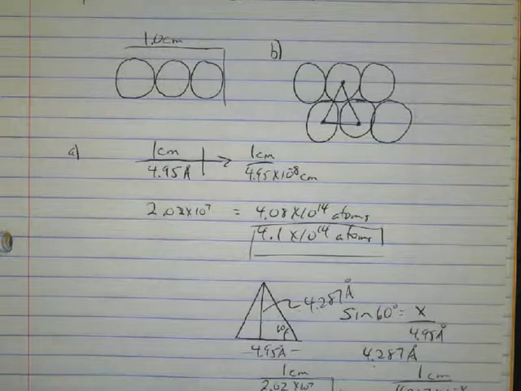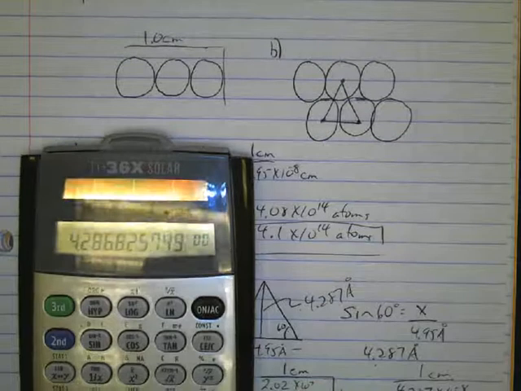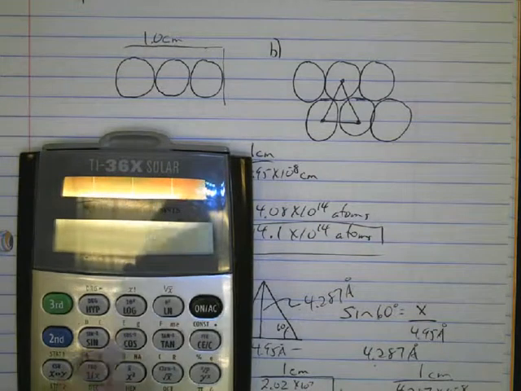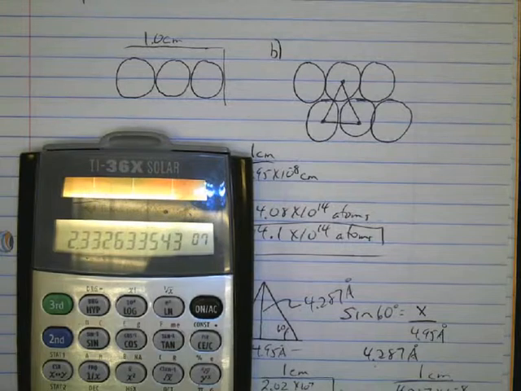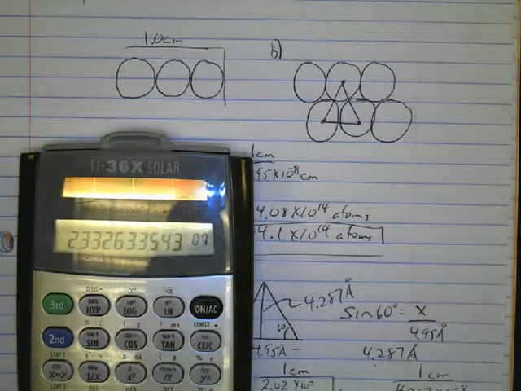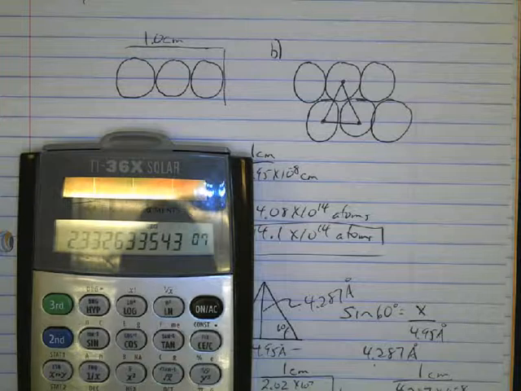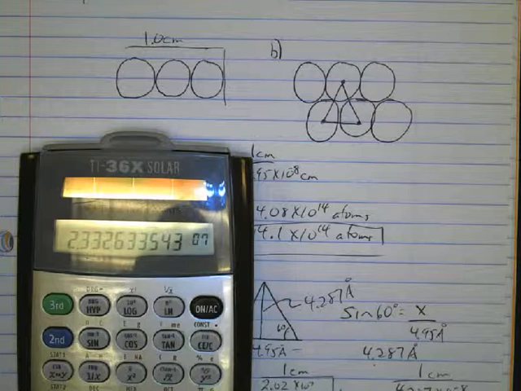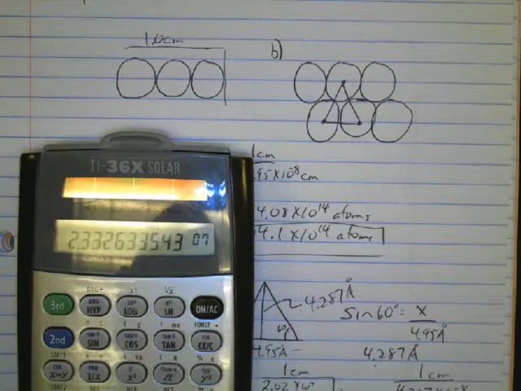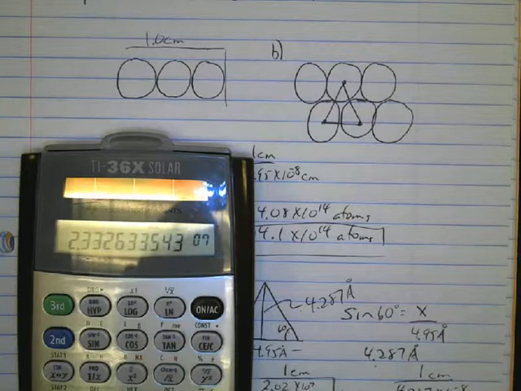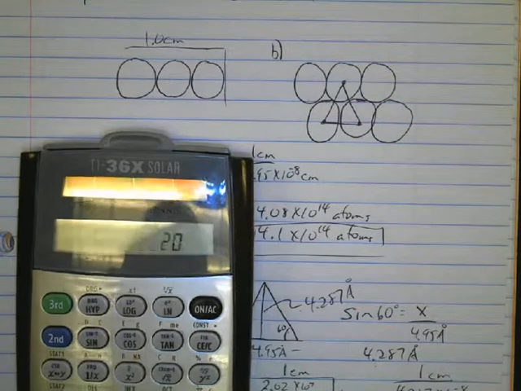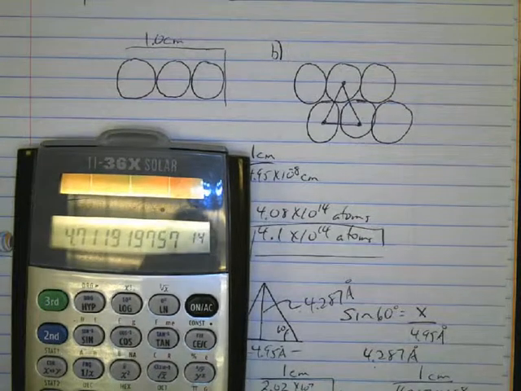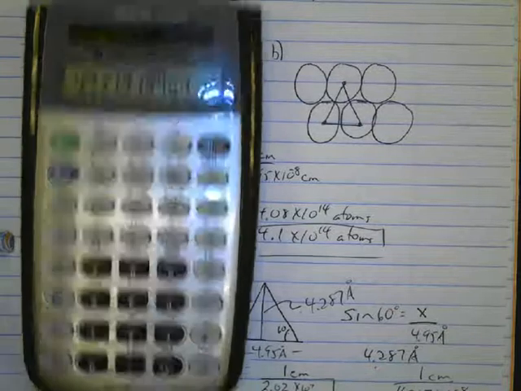So the number of atoms going down is going to be 2.33 times 10 to the 7th. You can see I packed more in. I multiply that by 2.02 times 10 to the 7th, and I get my new answer. The total number of atoms I get packed in now is 4.71 times 10 to the 14th atoms. There's the answer to B.